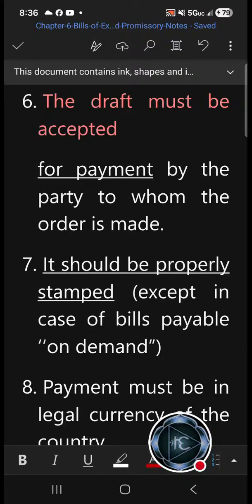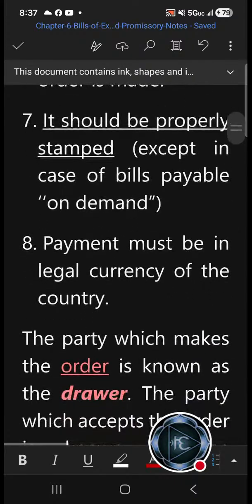It should be properly stamped, except in cases of bills payable on demand. Payment must be in legal currency of the country. So at the end of the payment amount, you may put the words U.S. currency or such and such dollars.